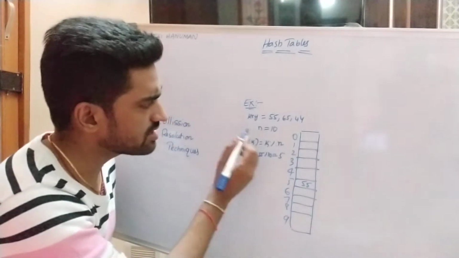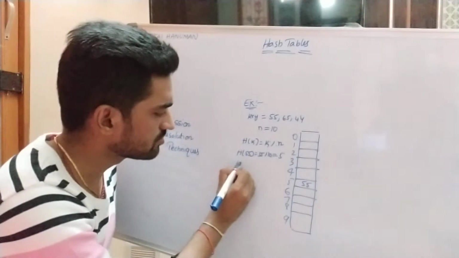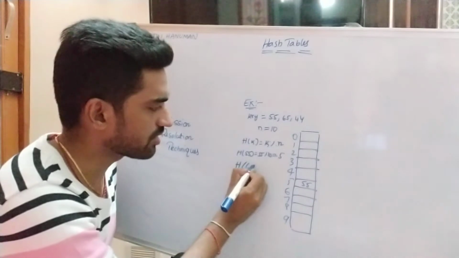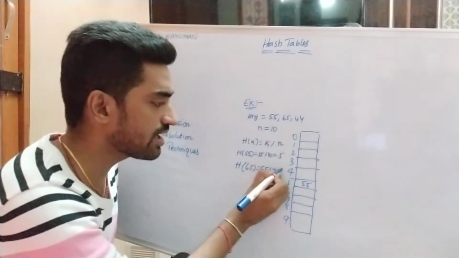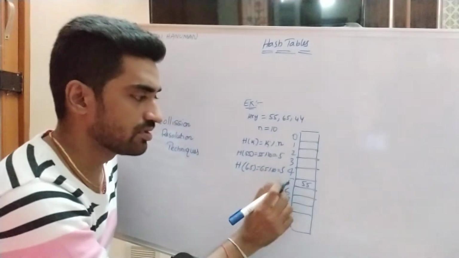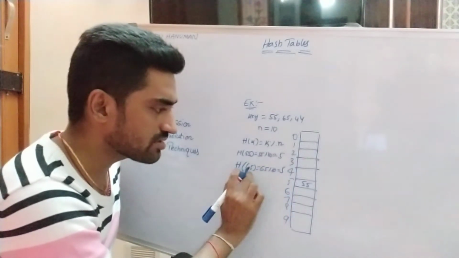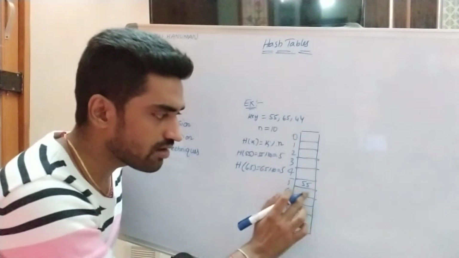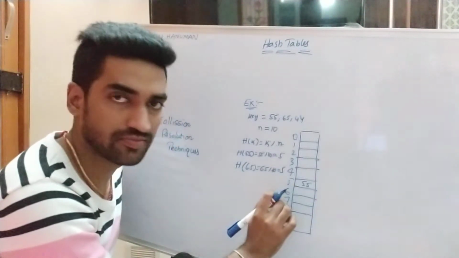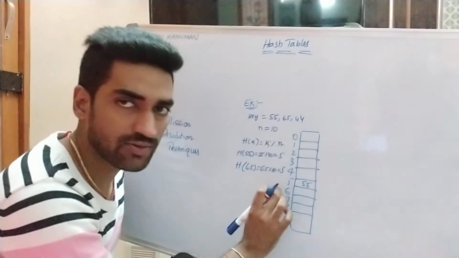What is the next key element? H(65): 65 modulo 10. The value is 5. At the fifth position we are inserting 65, but the fifth position is already occupied by the key element 55.